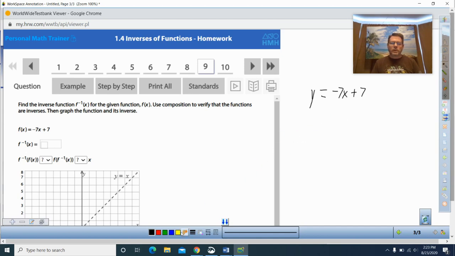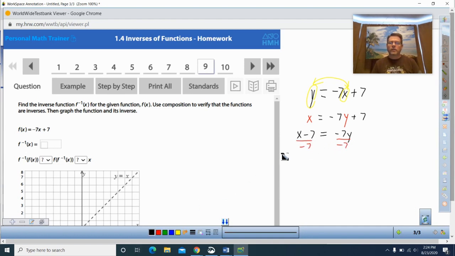We're going to switch the x and the y. They're going to switch positions. So we get our x here, our y there, everything else comes into place. Subtract 7 on both sides. You'll give me the grace to skip a couple of things. And then we're going to divide all the way through by -7.